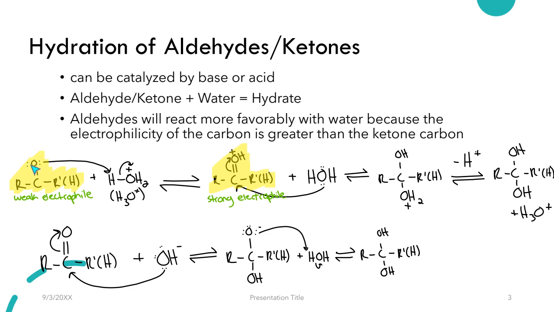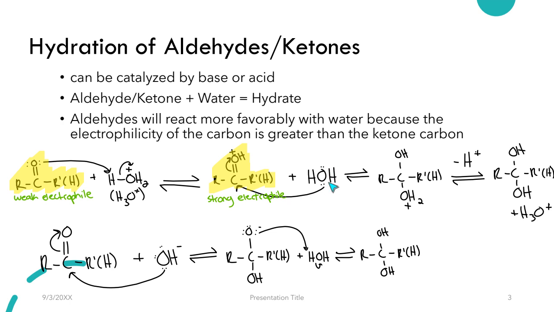The lone pair of electrons from oxygen will grab a hydrogen from an acid. That puts a positive charge on this oxygen, and this positive charge will pull the electrons towards that oxygen, which will enhance the partial positive charge on carbon. So that makes this a strong electrophile. Now we can react with water.